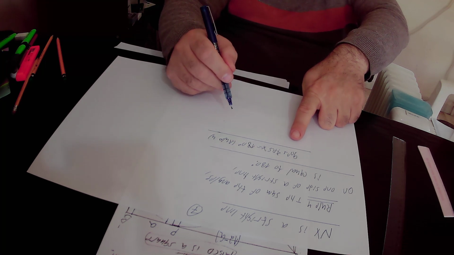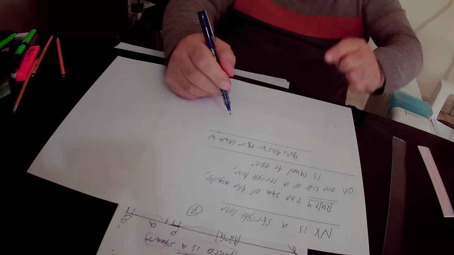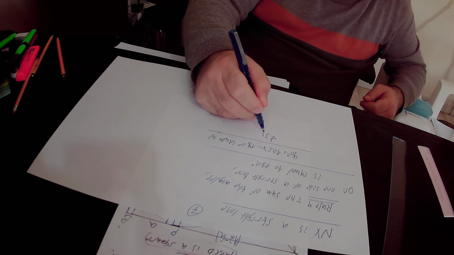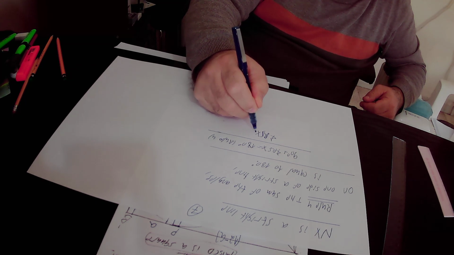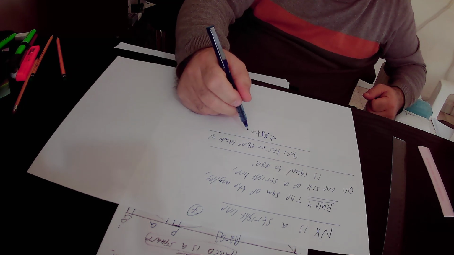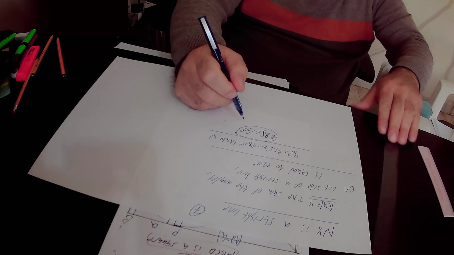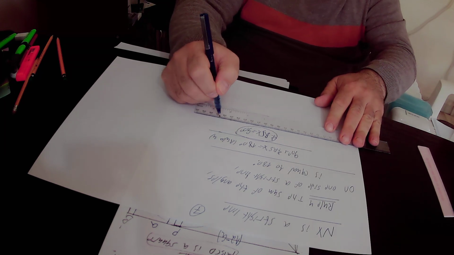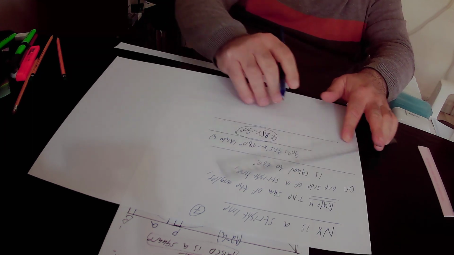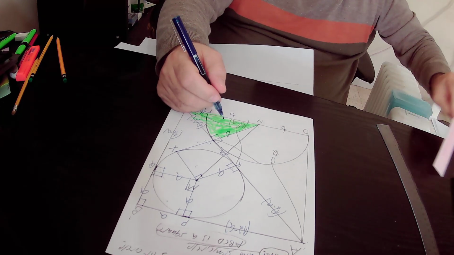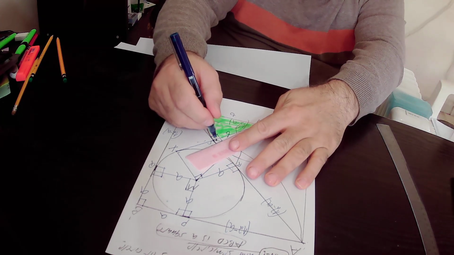We will subtract 90 degrees from this equation, and we get that the value of angle RSX is equal to 180 degrees minus 90 degrees, which is 90 degrees. So angle RSX is a right angle, it equals 90 degrees.